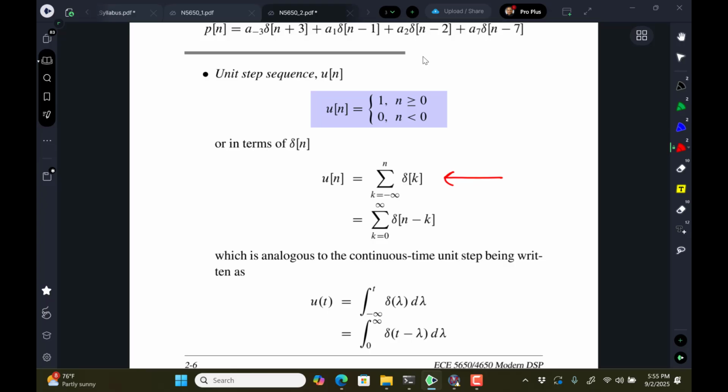And the way I would visualize that is I would take this k-axis, and that's delta of k sitting right there because it's sitting at 0.